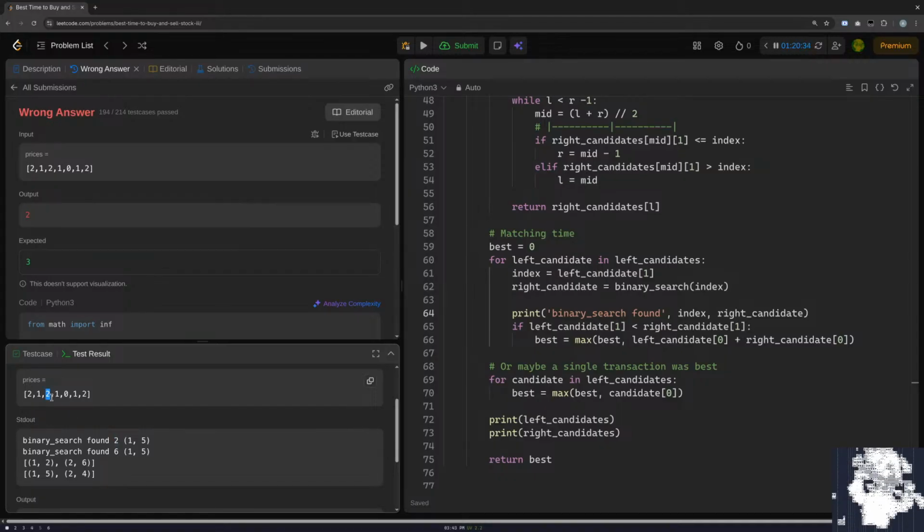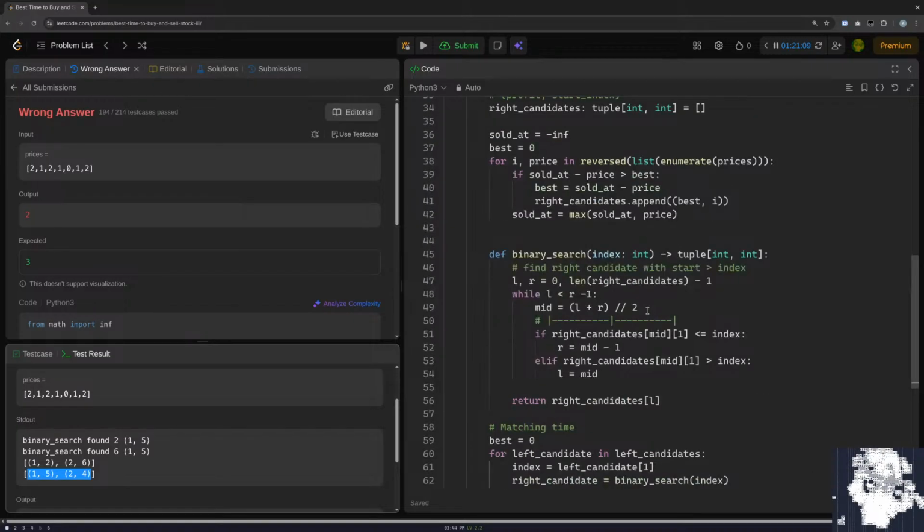For 2, it found 1, 5. So the thing is, these are both valid. It's just that I wanted the best one. I wanted the one closest to 2, which would be 4. It gave me the wrong one.